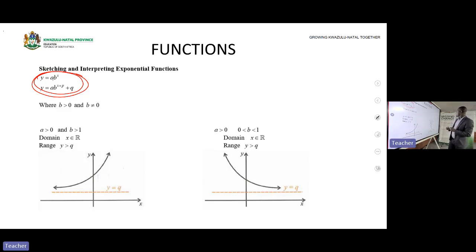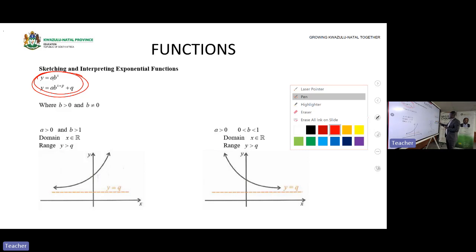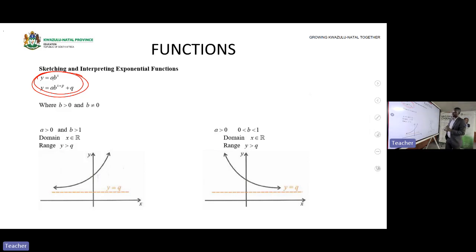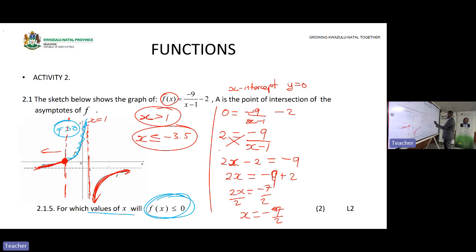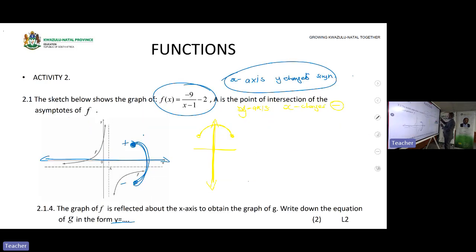Again, you will find that a, together with b, will tell us about the shape of the graph.